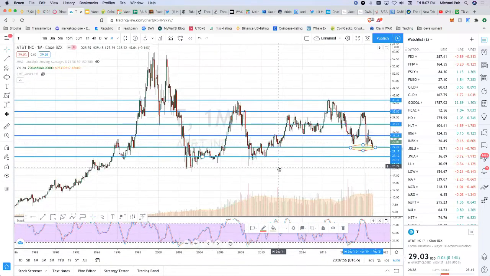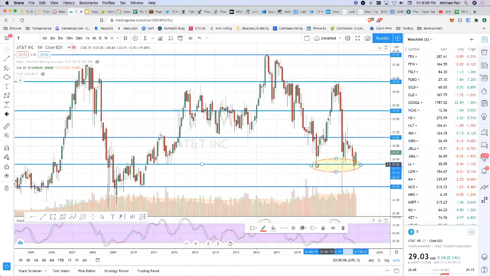I think I have a limit order in for AT&T at 26, but I'm going to change it to 24. Well, but it may not get back down there, right? So if you want to be in now, this is a decent support area. You look here, it's held here before. It became resistance right here, broke down below it and came back up.